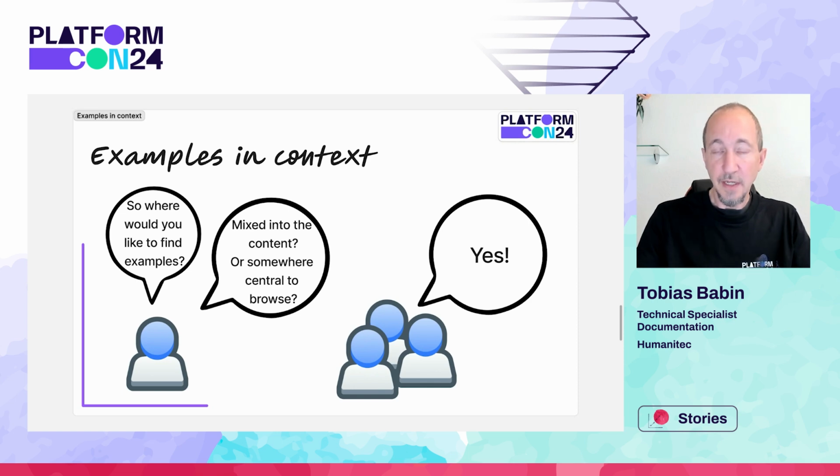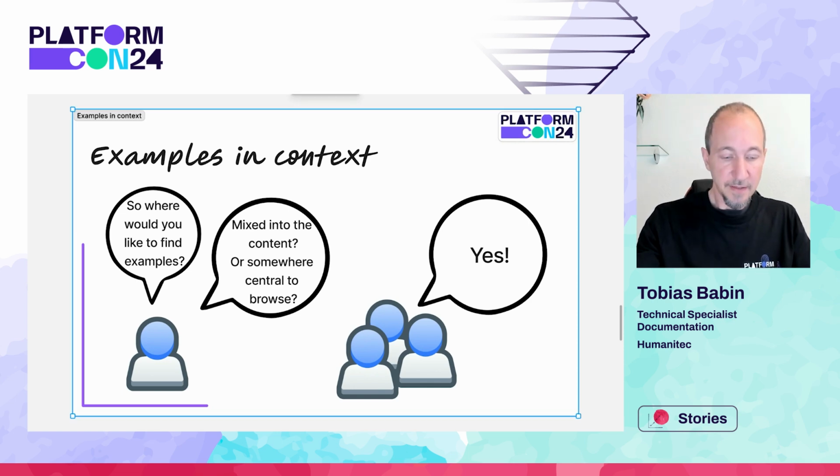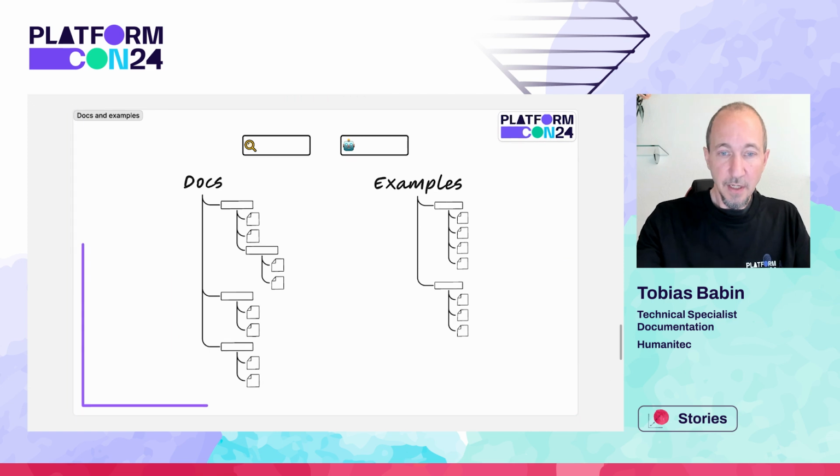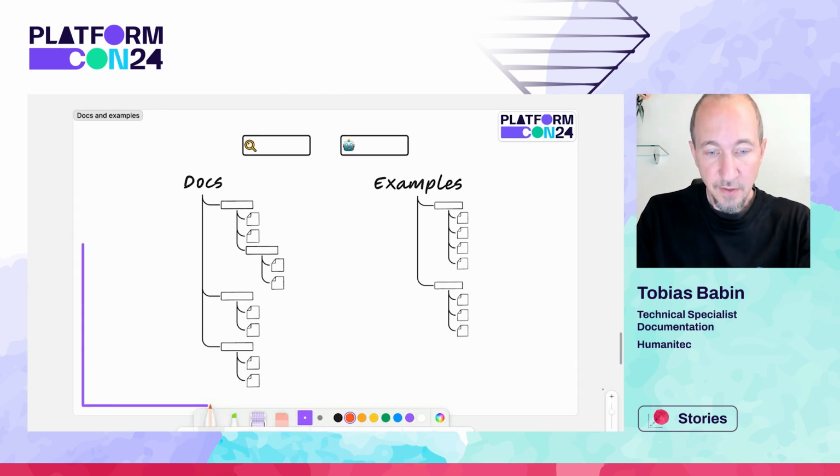So it's not quite as simple to provide examples in the proper way. But to summarize, these are the requirements that we got. If this is our documentation structure made up of chapters and pages and things, then people told us, we would want to see examples here and there and there.